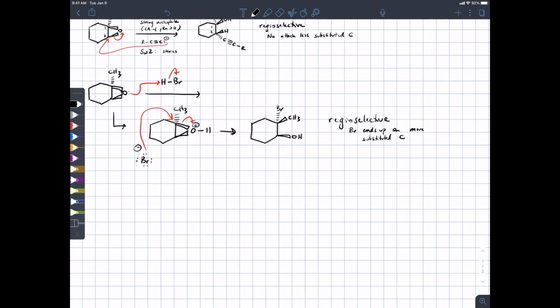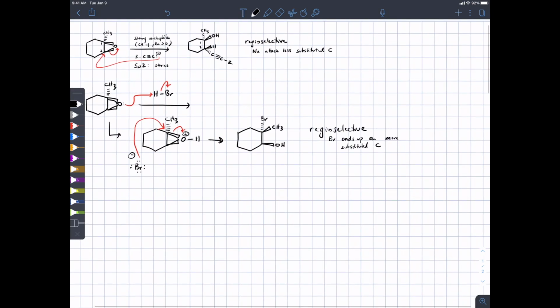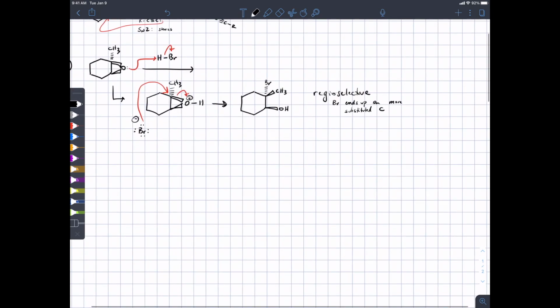Now, we talked about where this change in regioselectivity comes from. A potential hypothesis was that maybe there's a carbocationic intermediate that looks like this, where Br can attack from above or below. But we can rule that out as an option because we only see the stereochemistry where Br and OH are on opposite sides of the molecule or trans to each other.